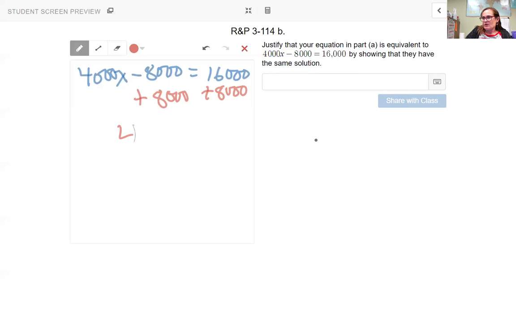So now we have 4,000x equals 24,000. And then we divide both sides. Well, I can change colors. There we go. Divide both sides by 4,000.